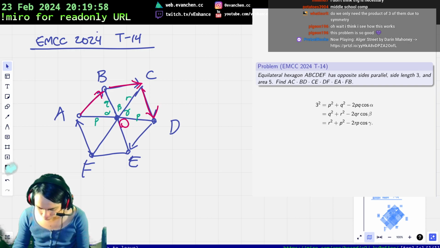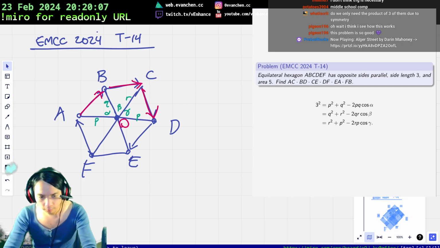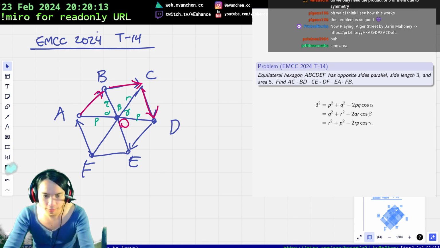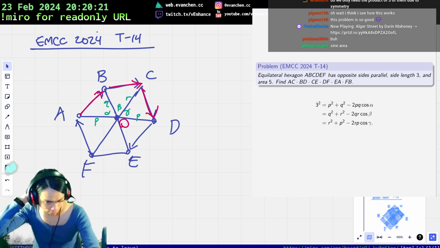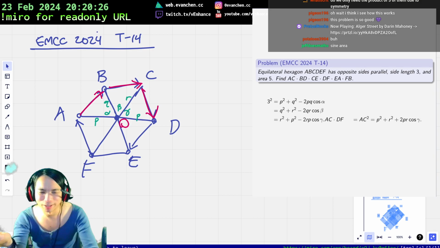Whereas AC squared, AC times DF, I guess, is equal to P squared plus R squared, and then it's alpha plus beta, so it's actually minus 2PR cos, plus 2PR cos gamma, or something like that. Oh, this is pretty bad. So this is gonna work, I think, but it's pretty icky.